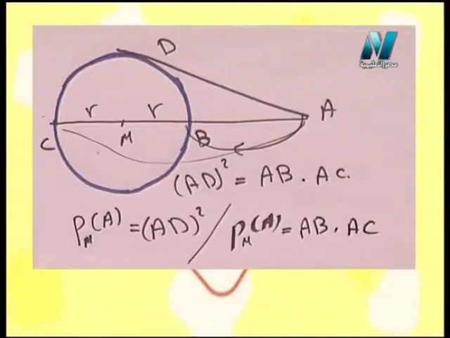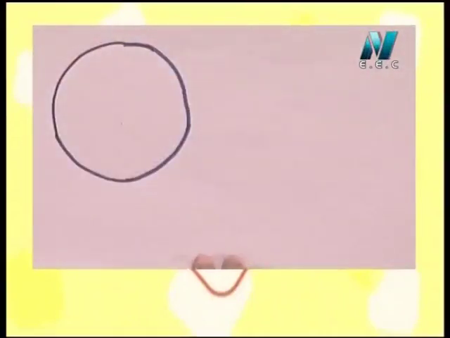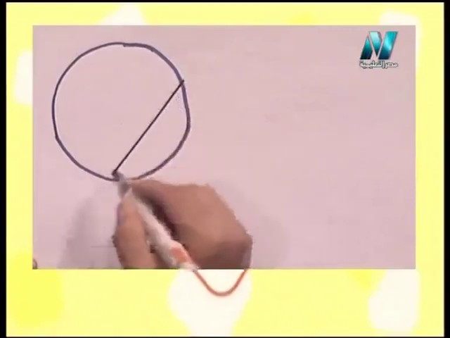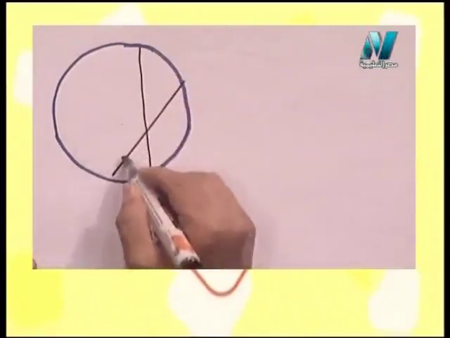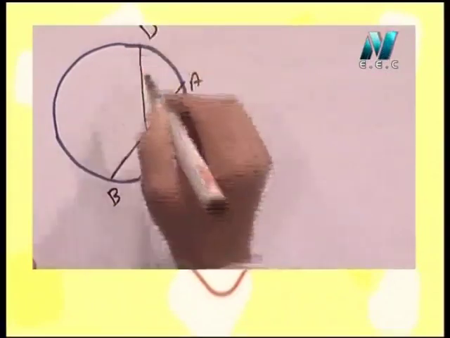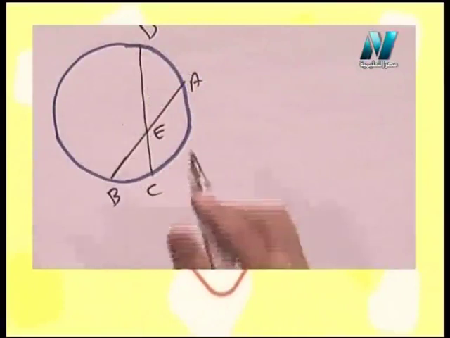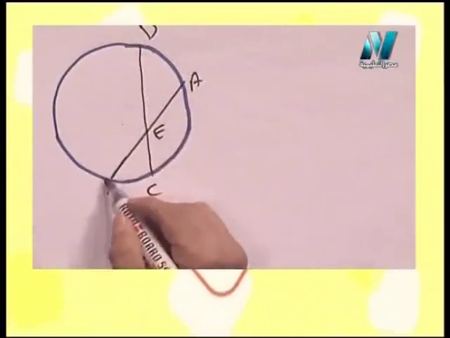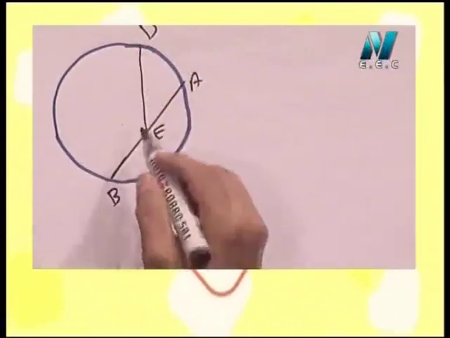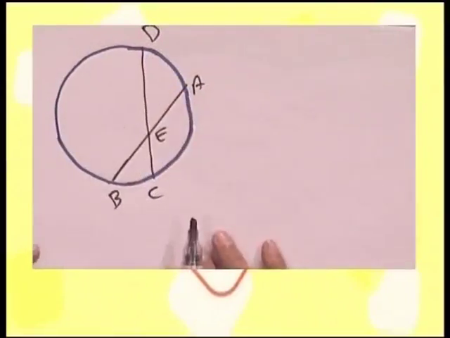Okay, let's move quickly to another relation. If we have a circle like that and we have AB here and CD, and we have an E here, we know that AE times EB equals CE times ED from the previous lesson.